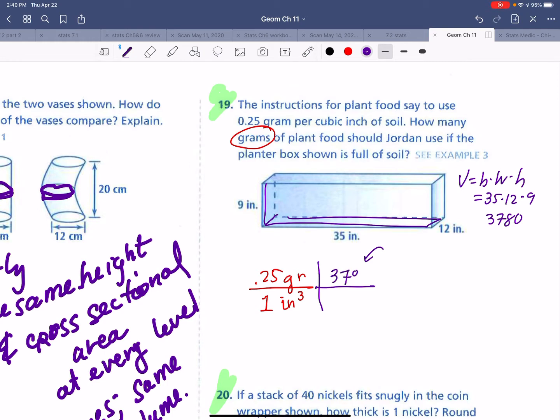Okay, so that's my volume in inches cubed. Now my plan is complete. I'm canceling that, and I can multiply by 0.25 here, and I get 945 grams of plant food to fill it up.